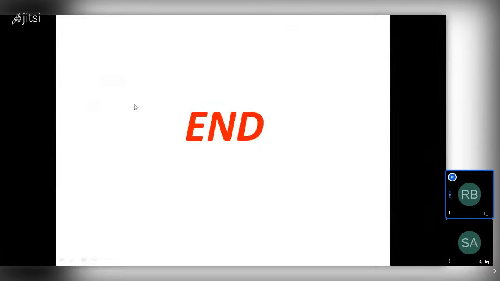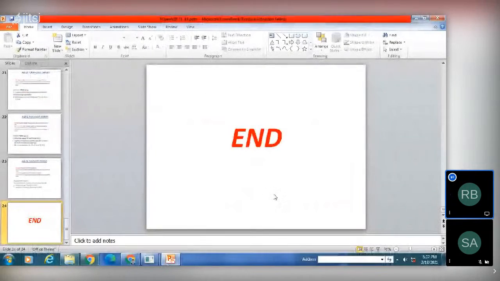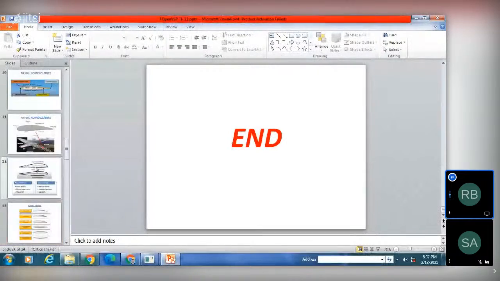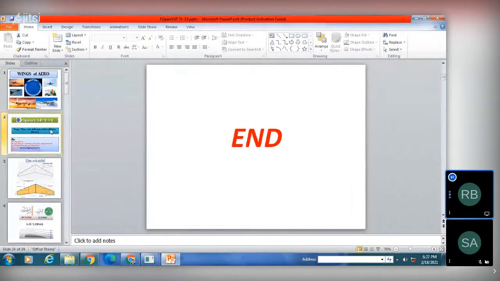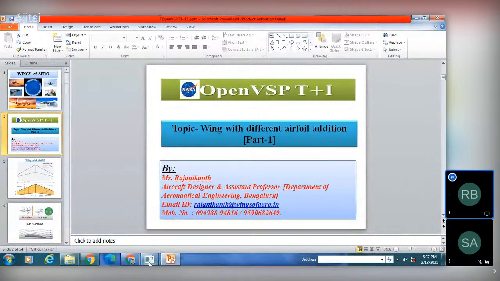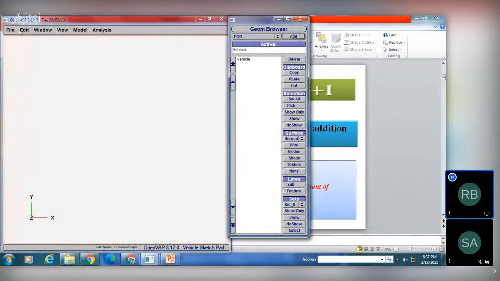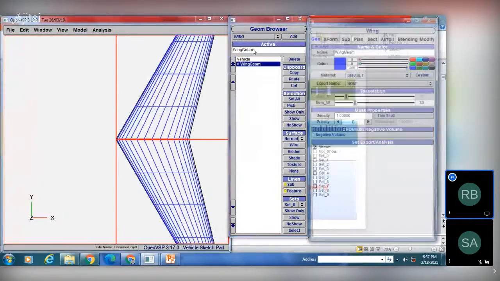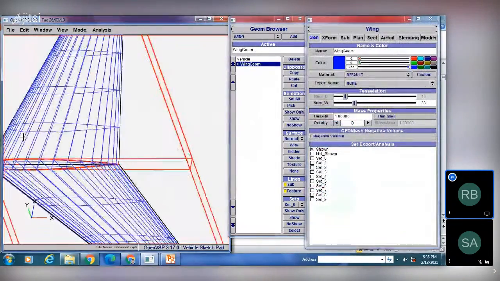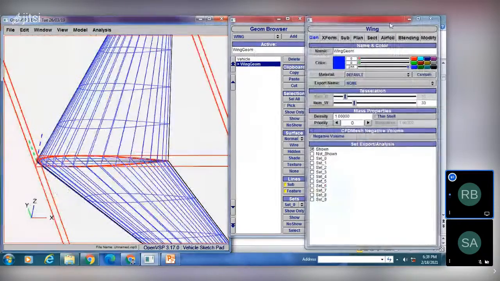So this is all about today's theory. Whatever I have discussed is theory part one. Same thing, tomorrow I'll show. Okay, like this. So here by default we have an airfoil.